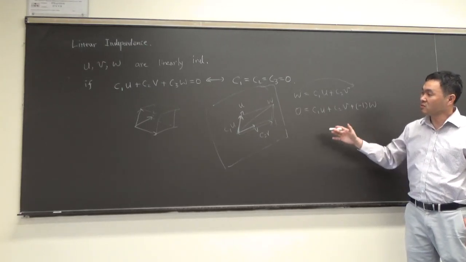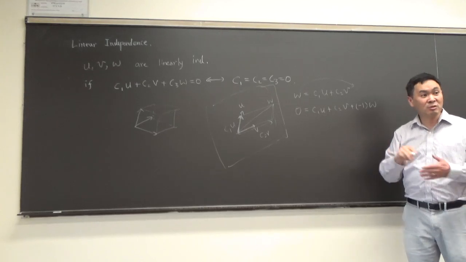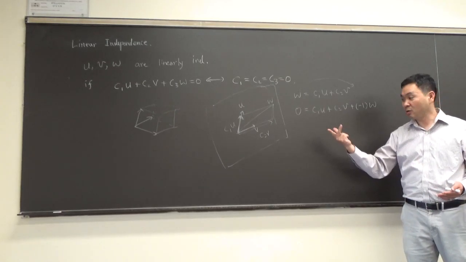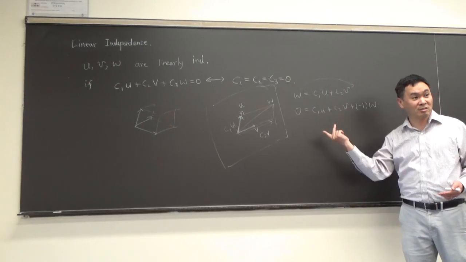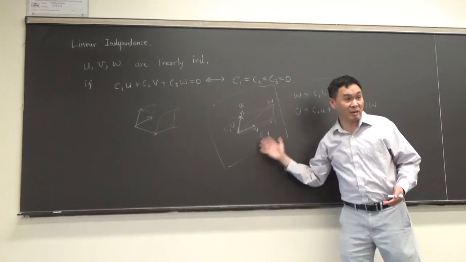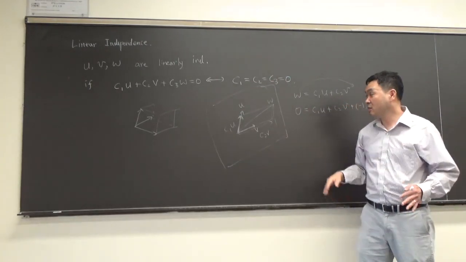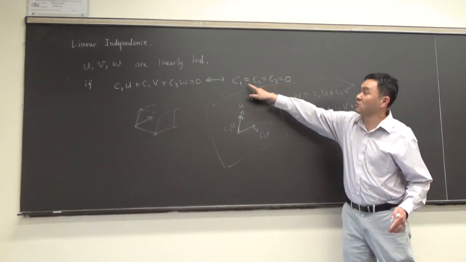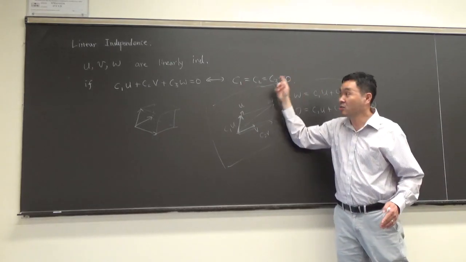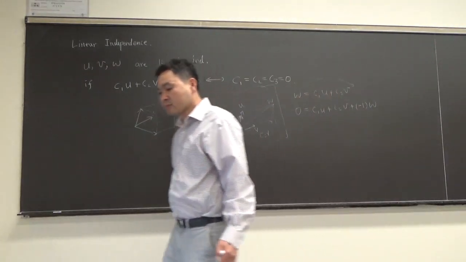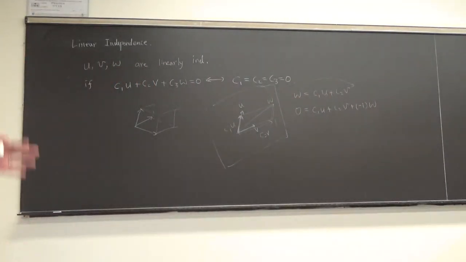So this example shows that if the three vectors fail to be pointing in different directions, if one of the vectors is contained in the span of the other two, so that it only spans a plane rather than 3D space, then you have something that's not all 0, still satisfying that. Okay, so that's why linear independence is defined like that. Okay?